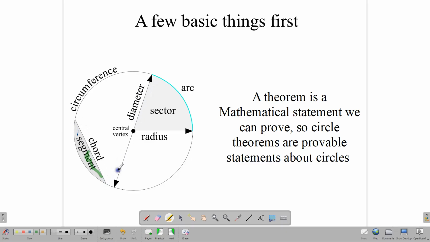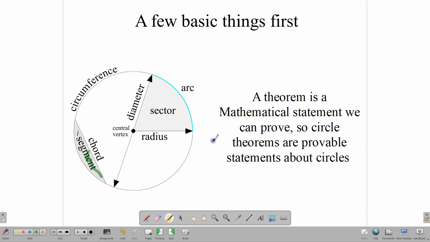It's very important. And of course, the center. And any little straight line drawn from the center to the circumference, we call it a radius. And the distance between two radii, we call that an arc. So very important little ideas that we need to remember. Again, we are going to be working with circles, so those things become important.